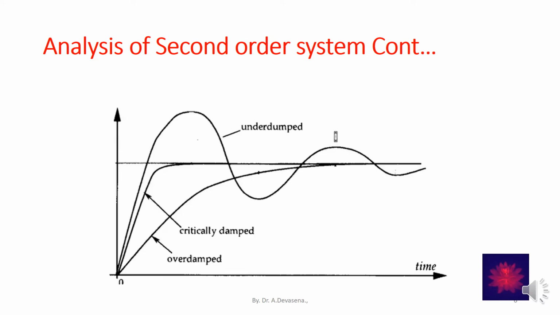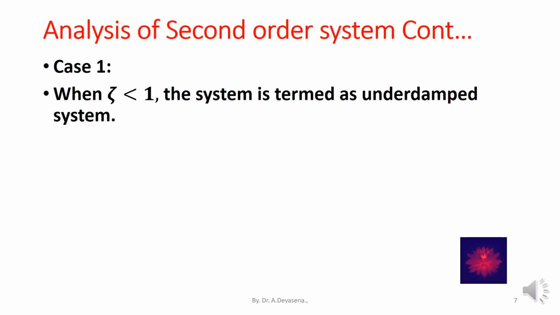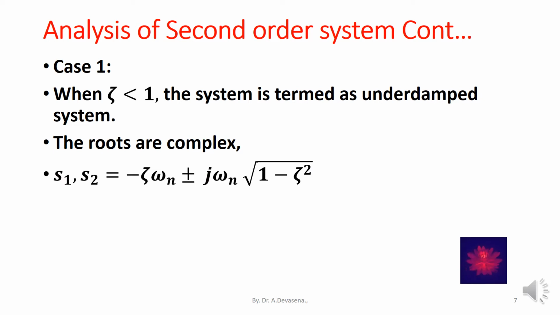Here is a representation of a critically damped system, underdamped system, and overdamped system for a step input. Case 1, for zeta less than 1, the system is termed as underdamped system. Therefore, the roots are complex for the underdamped system. The roots are s1, s2 is equal to minus zeta omega n plus or minus j omega n square root of 1 minus zeta square.